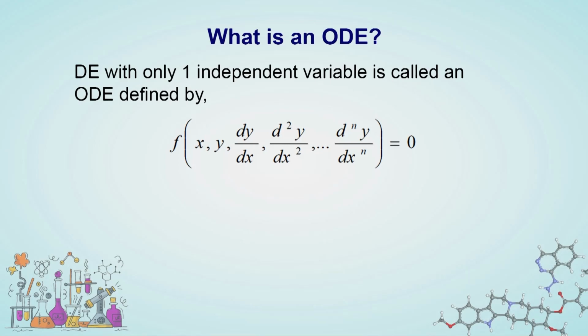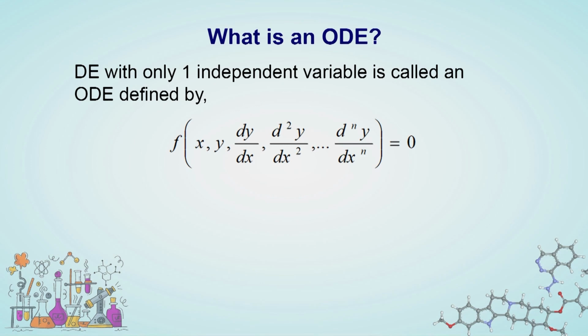It means an equation consisting of the variables x, y and its derivatives dy by dx, d2y by dx square and so on. It means in an ODE there are variables and derivatives in terms of a function.